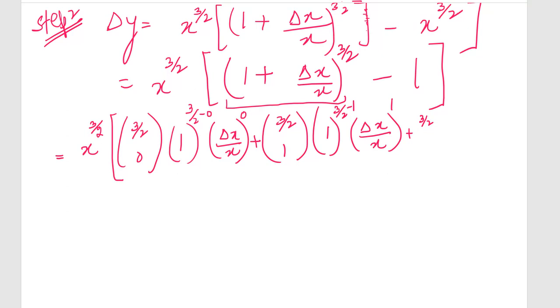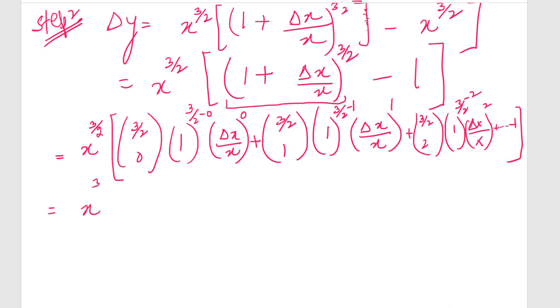For the third one, this is (1+Δx/x)^(3/2). Same thing: nC2 and a, 1^(3/2−2), and b is Δx over x whole square, plus so on, and here we have minus 1, so do not forget this minus 1 here.